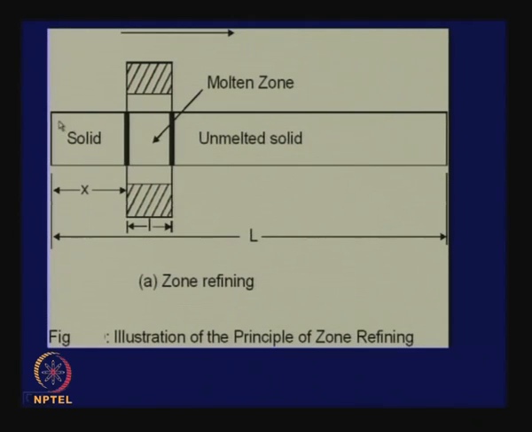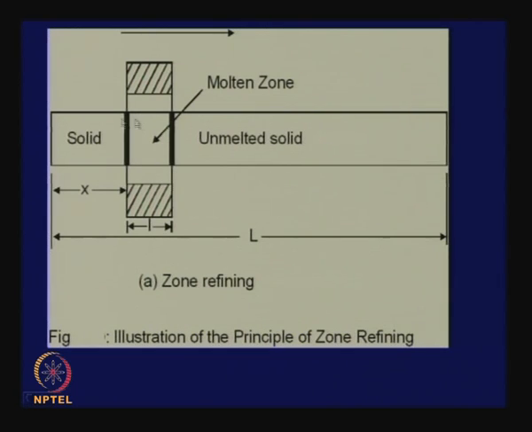Suppose we have a rod of metal, impure metal, and we have a furnace which can move.